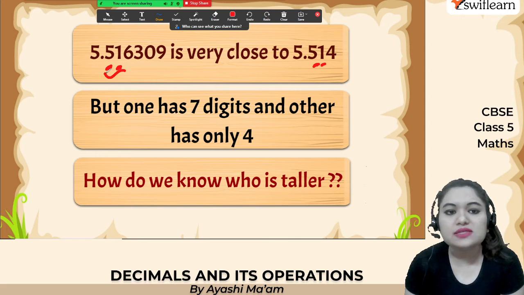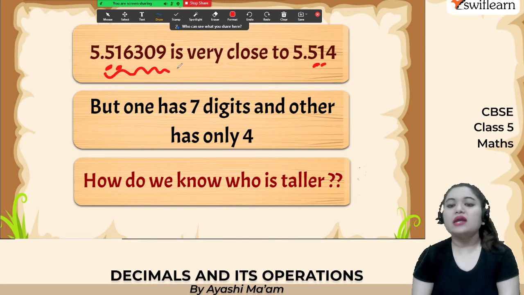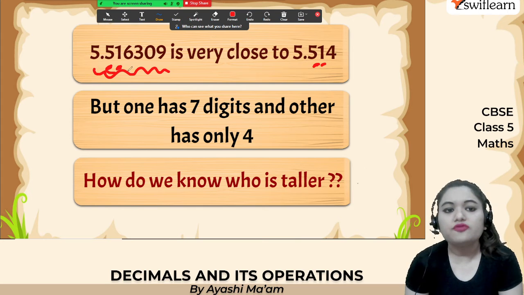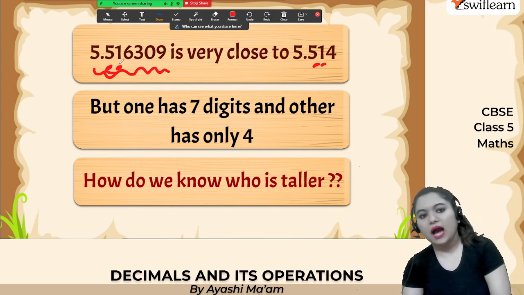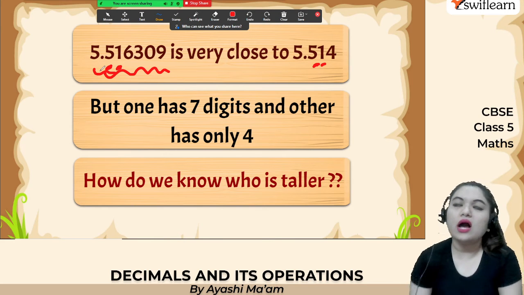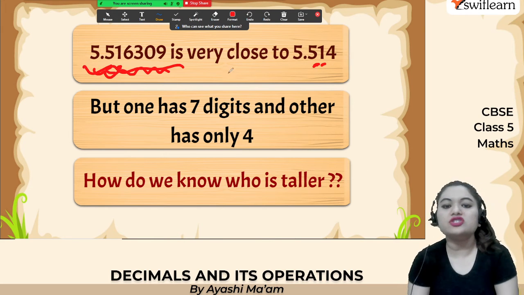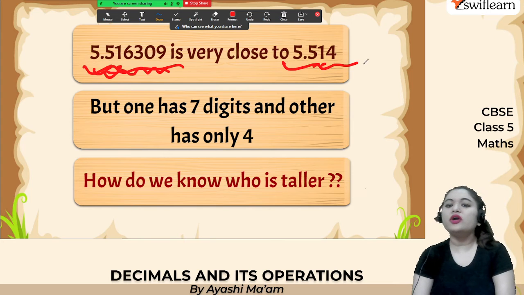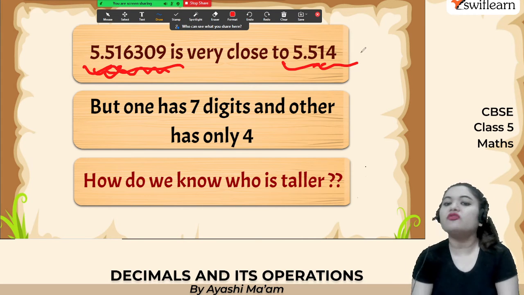Now one has 7 digits and another has only 4 digits. After the decimal you have 6 digits over here, so along with the whole number it has 7 digits, and this one has only 4 digits, and after the decimal point you have only 3 digits.